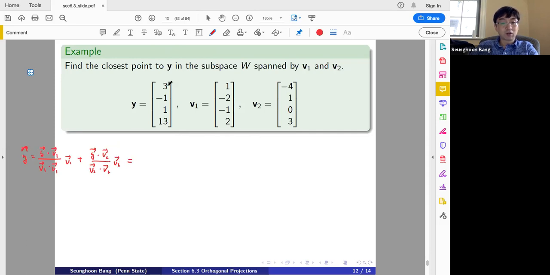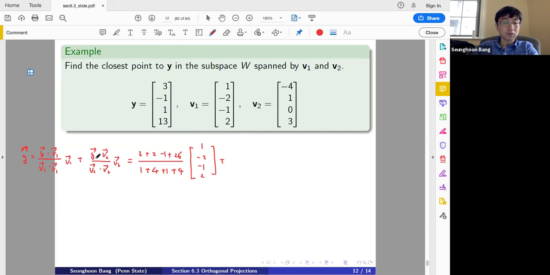What's y dot v1? 3 times 1 is 3. Minus 1 times 2 is minus 2. 1 times minus 1 is negative 1. 13 times 2 is 26. Over v1 dot v1: 1 times 1 is 1, negative 2 times negative 2 is 4, negative 1 times negative 1 is 1, 2 times 2 is 4. And vector v1 is 1, negative 2, negative 1, 2.